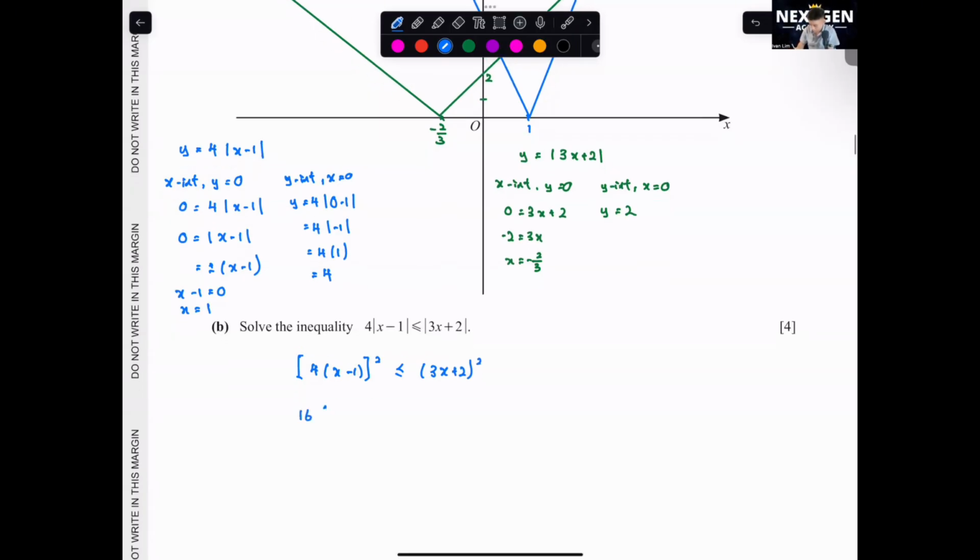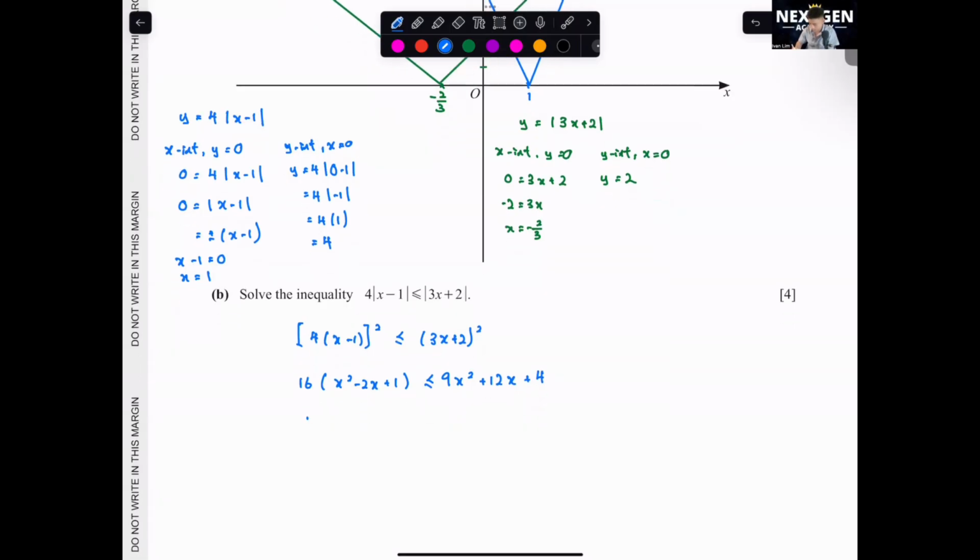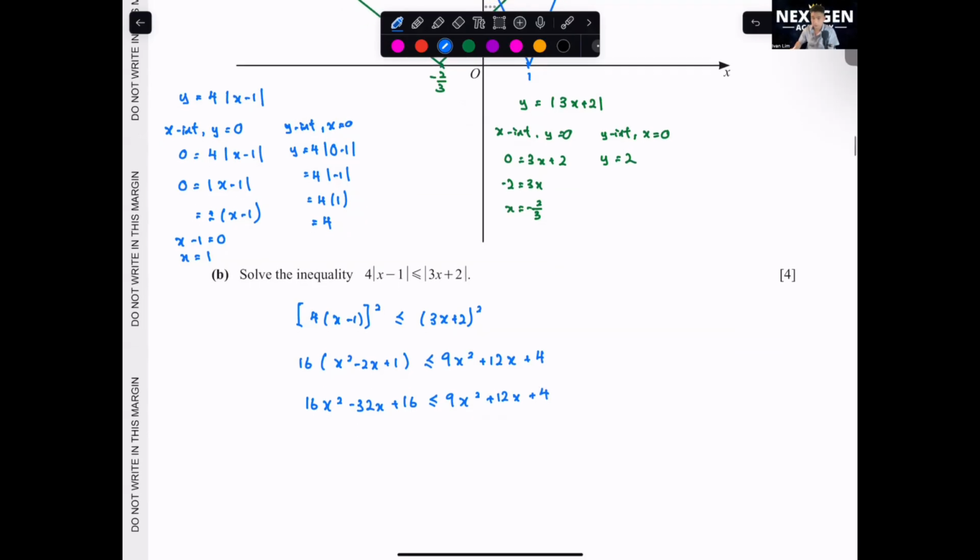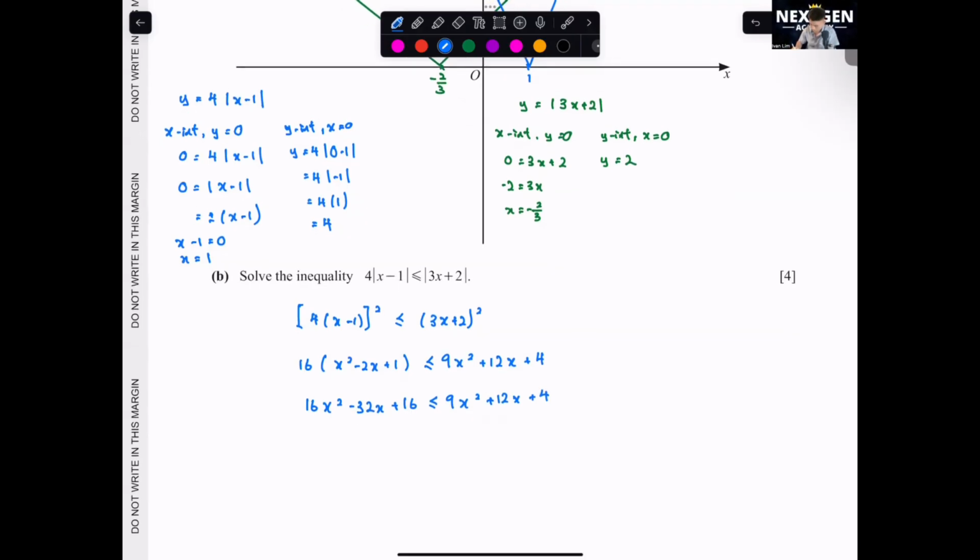Okay, so here will be 16x square minus 2x plus 1 less than or equal to 9x square plus 12x plus 4. Open up the left hand side, 16x square minus 32x plus 16 less than or equal to 9x square plus 12x plus 4. Okay, shift everything to the left hand side.